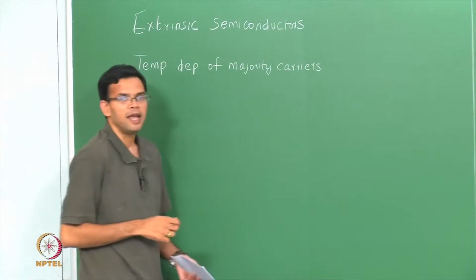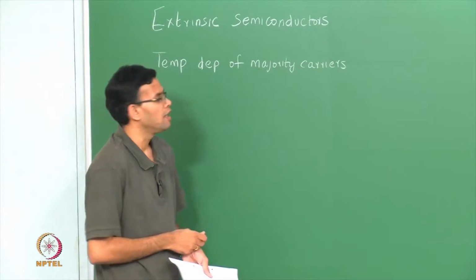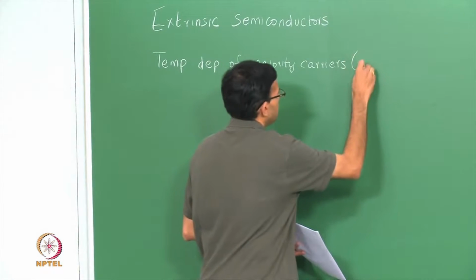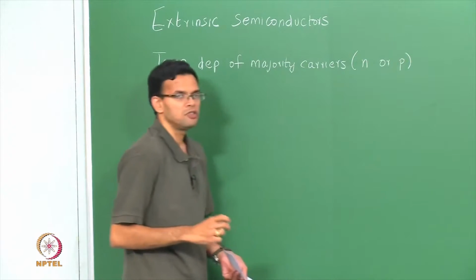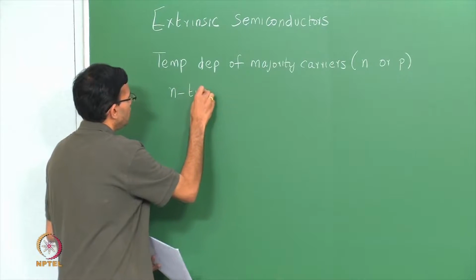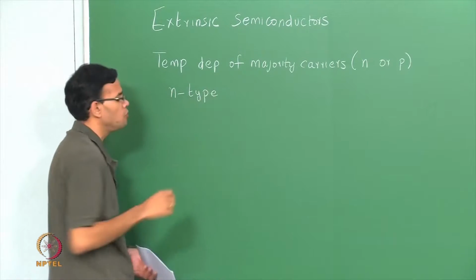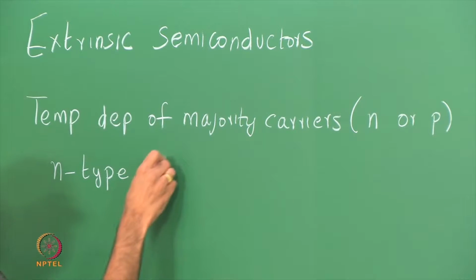So, this would be electrons in the case of n-type semiconductors and holes in the case of p-type semiconductors. We use the example of an n-type semiconductor, and whatever discussion we do using n-type, the same is valid for a p-type.